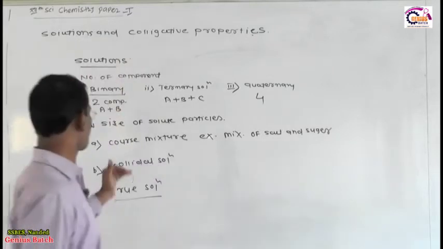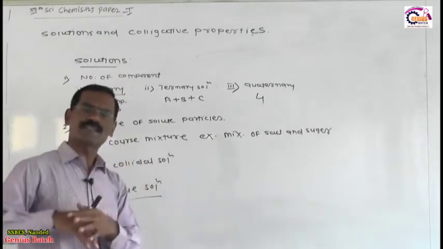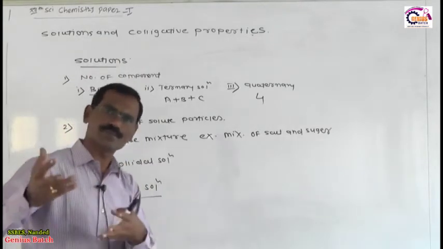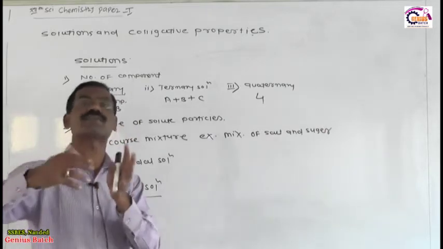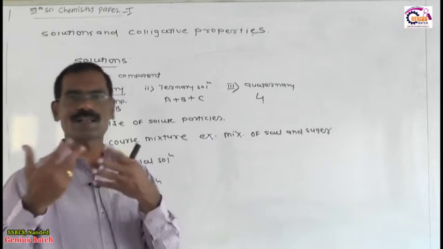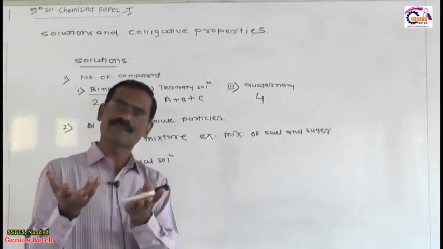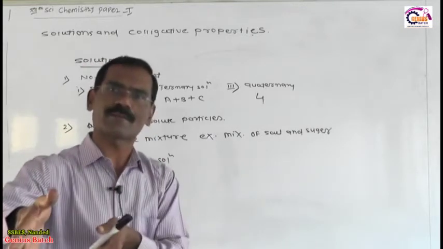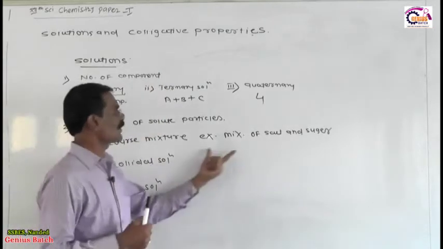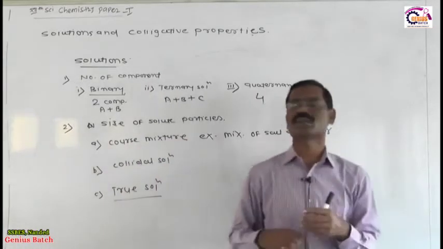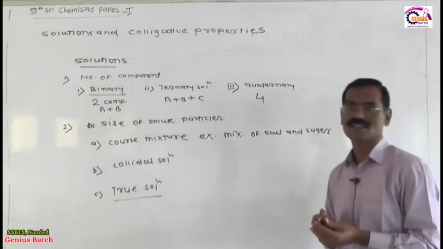What is the meaning of coarse mixture? The coarse mixture is nothing but a heterogeneous solution in which both components, that is solute as well as solvent, are visible to the naked eye. If we see by naked eye, there is no need to use the ultra microscope. It is very simple. Therefore, the example of coarse mixture is a mixture of salt and sugar. This is called the coarse mixture.